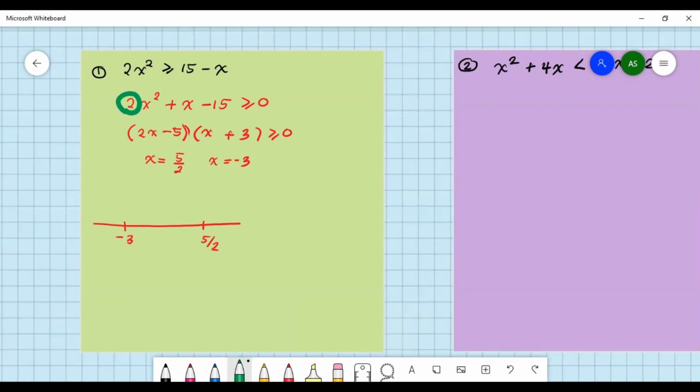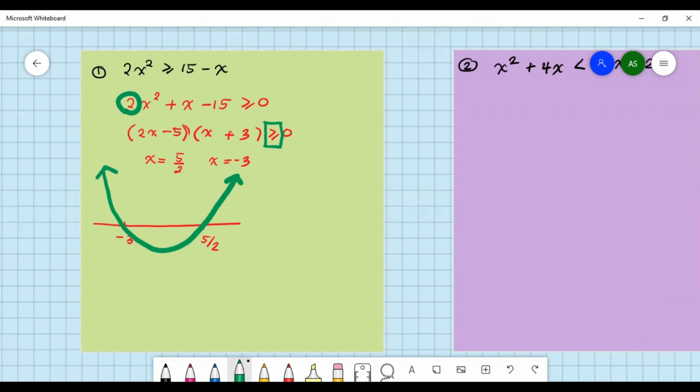So that means it will be opening upward. And of course, it will pass through 5 over 2 and -3 because these are the roots of the equation.